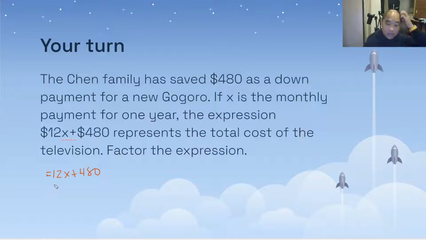And they want us to factor this. So, 12 is the greatest common factor of these. So this is going to be 12, or I'm sorry, X plus, and then 480 divided by 12. And what is that? 480 divided by 12. 12 goes into 48 4 times. 40. 12 times X plus 40.